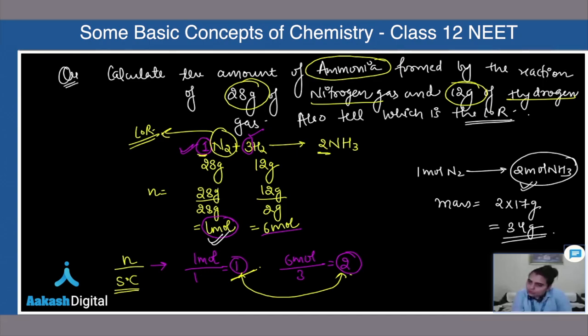The reactant that has a lower value of n by stoichiometric coefficient will be your limiting reagent. Then with that limiting reagent, find the value of your product. Is it clear everyone? Any doubt? Very good. Now just note down one more question.